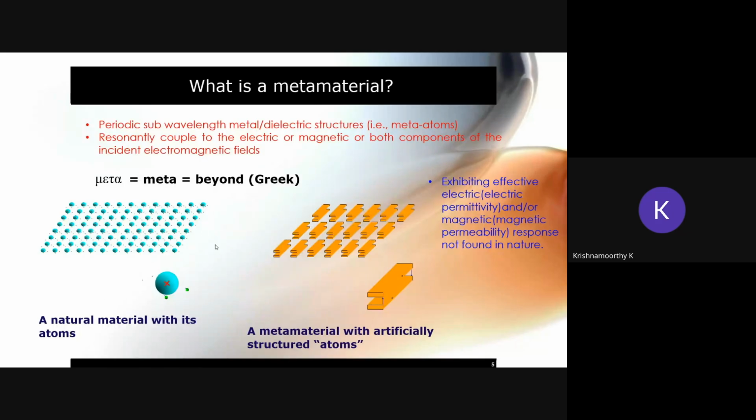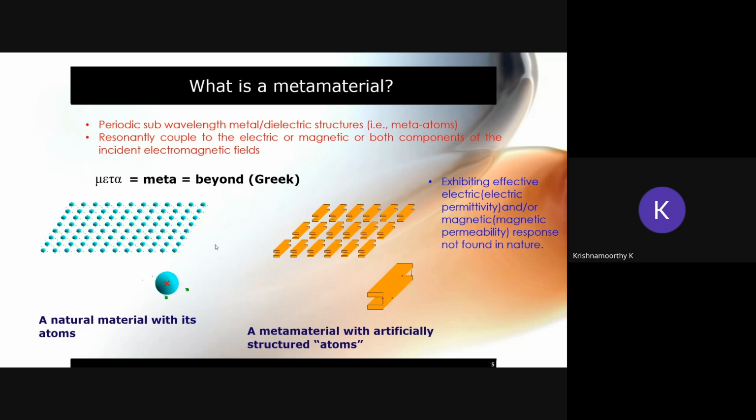So first of all, we will see the metamaterial introduction. So what is metamaterial? Metamaterial is a periodic arrangement of metal or dielectric structures, and it is related to the wavelength of operation.